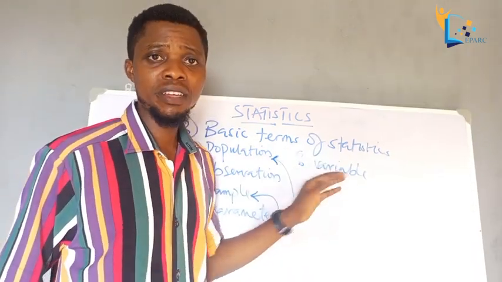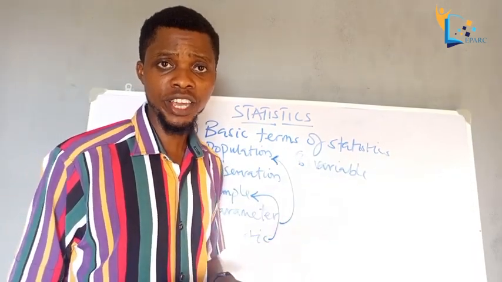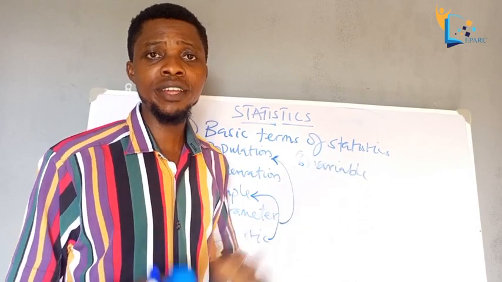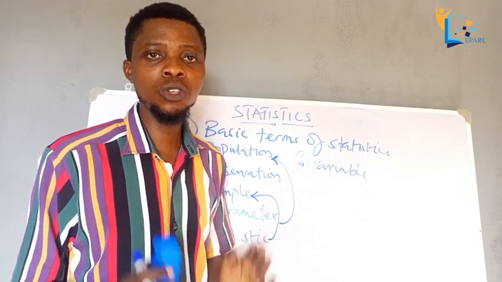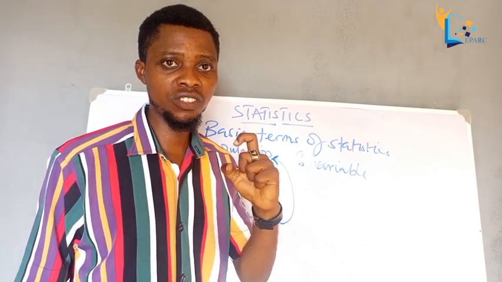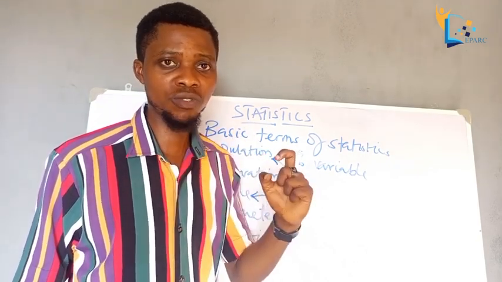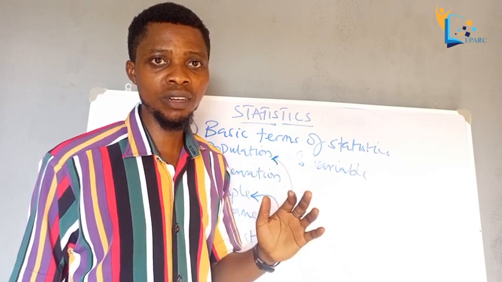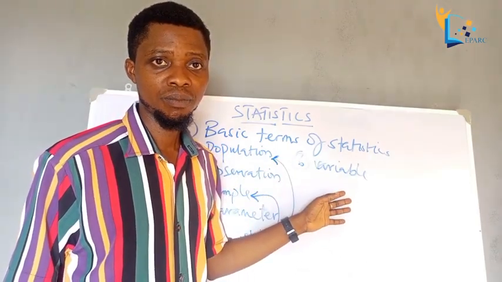Now, variables can be discrete or continuous. They are discrete if they come in whole numbers. Do you understand? They don't come in ranges, they don't come in continuous values. They come in whole numbers. For instance, age.